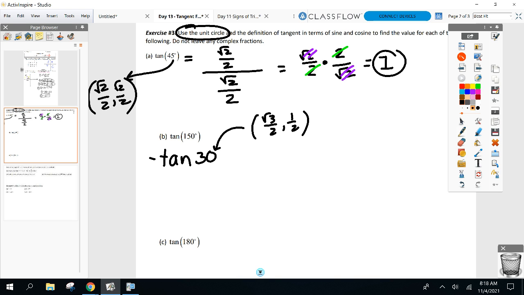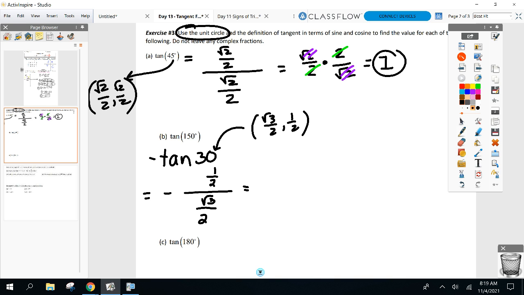Okay, so here we go. Let's figure out what this value is. I got my negative sign. Y coordinate over X coordinate. Everyone all right? Y over X. And the negative's out there because I'm in the second quadrant. And tangent's negative. So I want to keep reminding myself my answer is going to be negative.